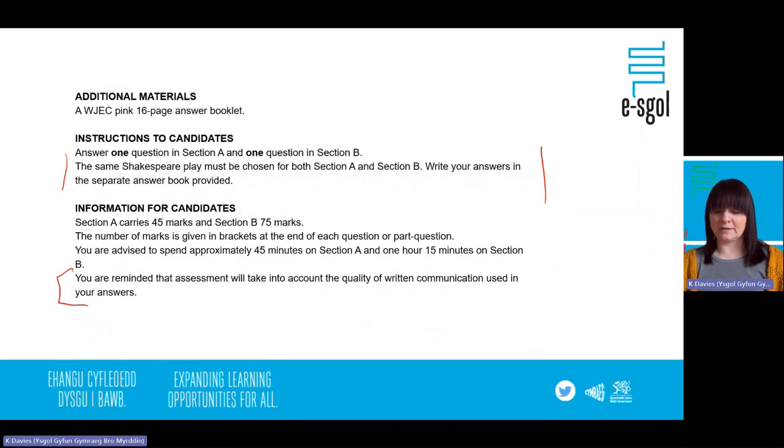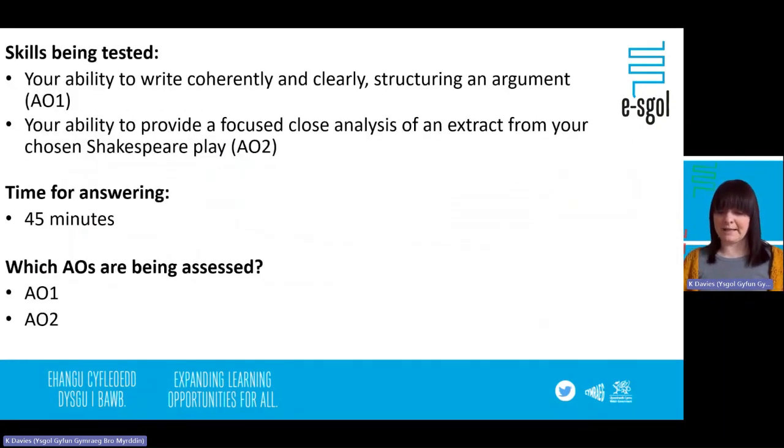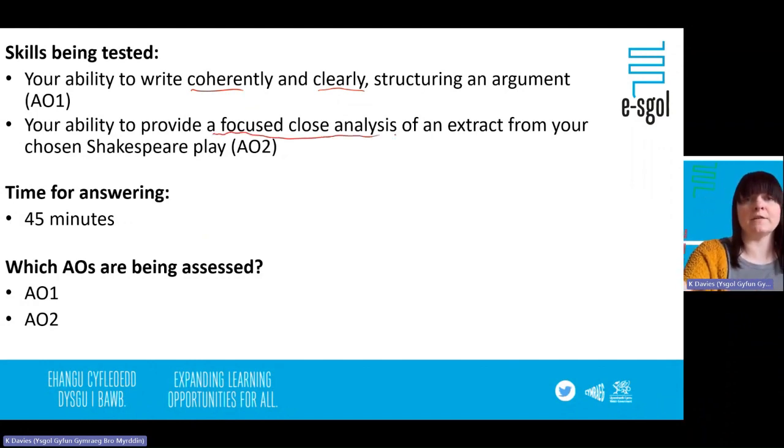So here's your AO1, where we're talking about your academic register, but Ms. Hacker's already touched upon that. The skills being tested in this examination paper are your AO1, this idea of a coherent and clearly structured argument, something well organised and sensible, and also that you're able to provide a focused, close analysis of the extract.